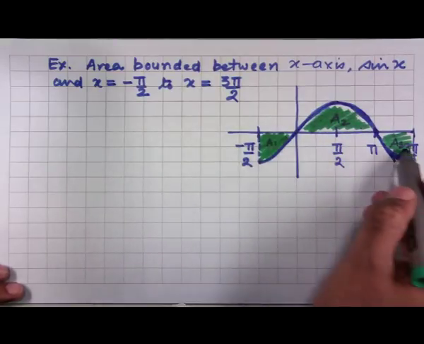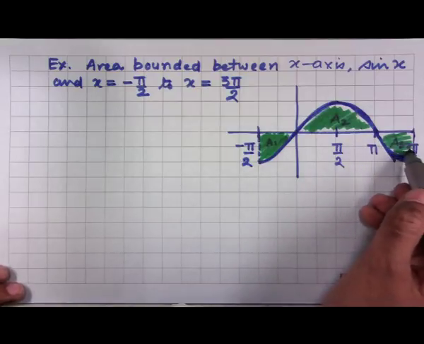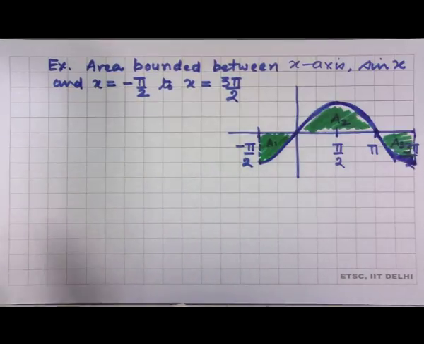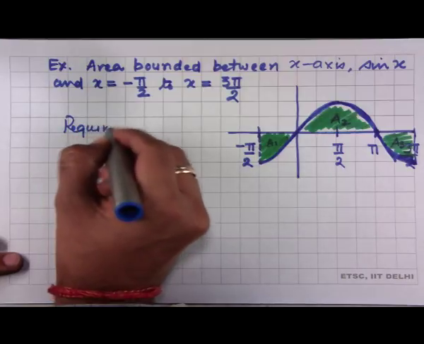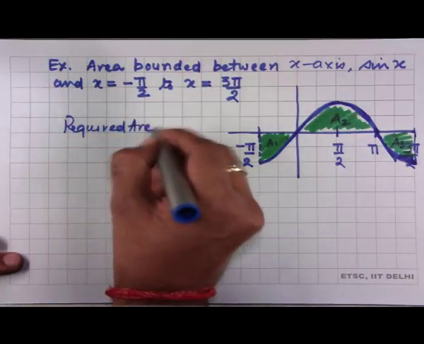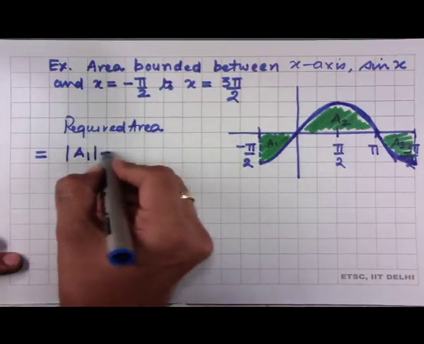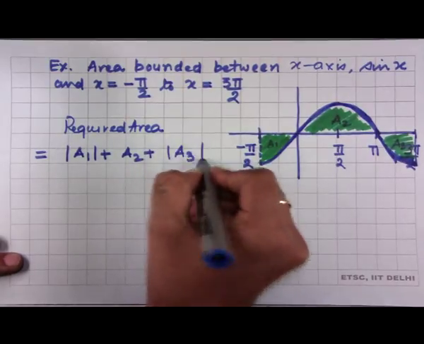Since A1 and A3 are lying below x axis, they will be having negative value. So, required area is equal to modulus of A1 plus A2 plus modulus of A3.